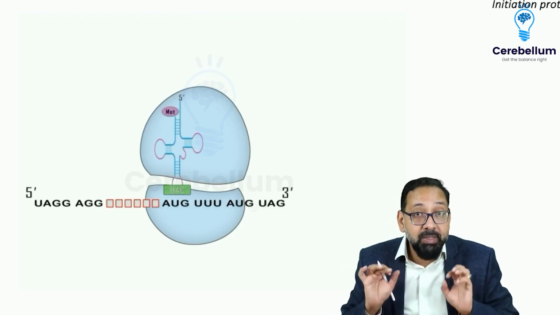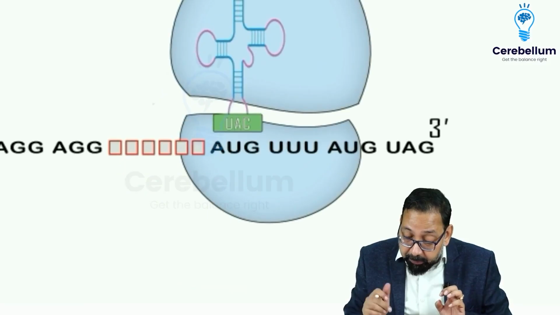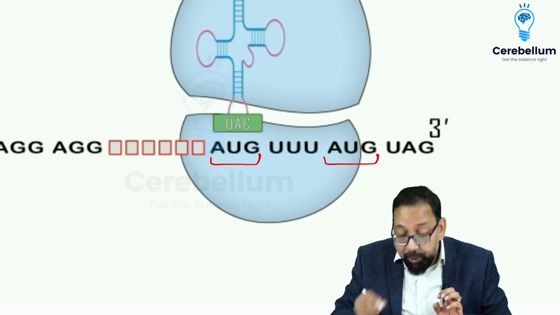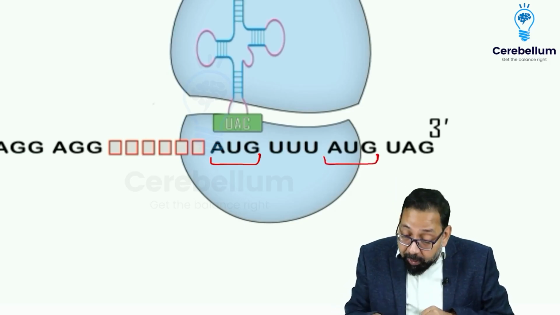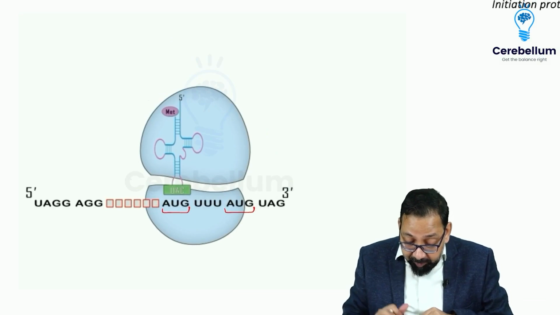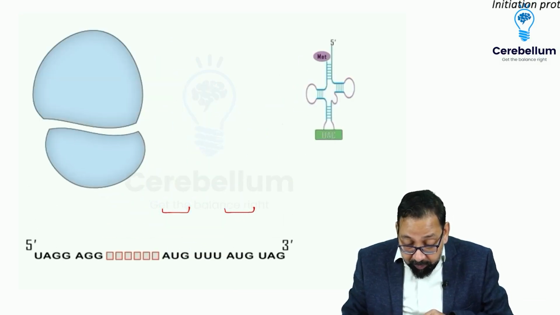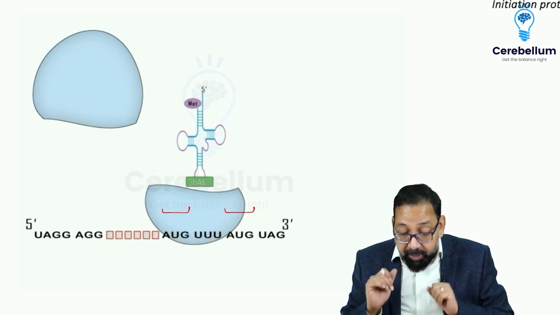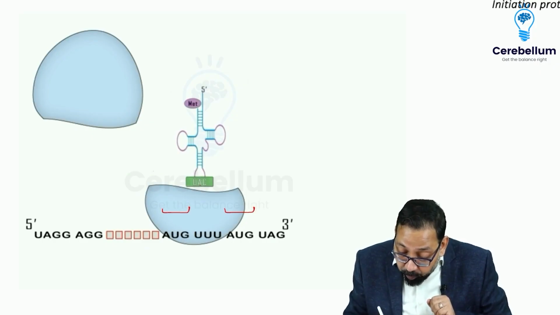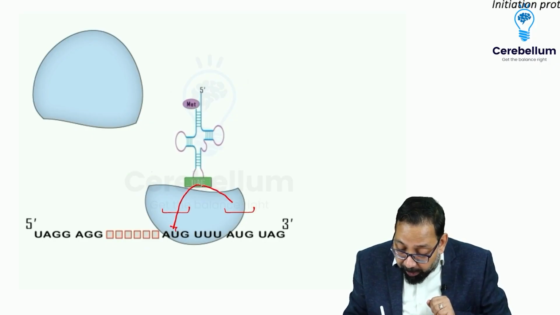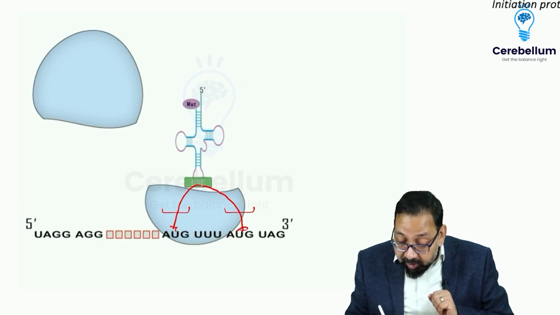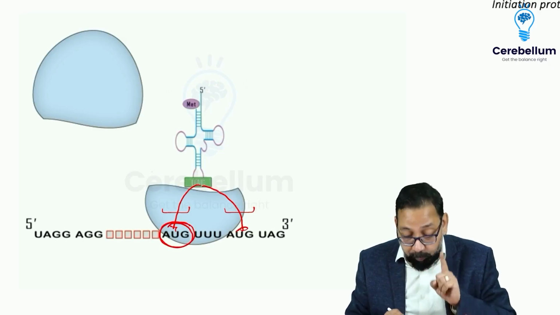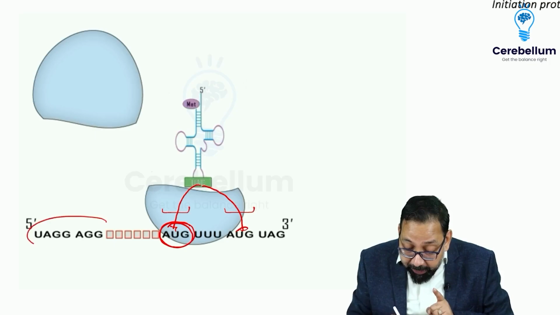But the problem is that in this messenger RNA, AUG codes for methionine, and this AUG again codes for methionine. So when this initiation complex is being synthesized, there would be confusion. When this transfer RNA having methionine comes, it will be confused: should I bind to this AUG or should I bind to this AUG? What is the starting point of protein synthesis? That is determined by a sequence that is called the Shine-Dalgarno sequence.